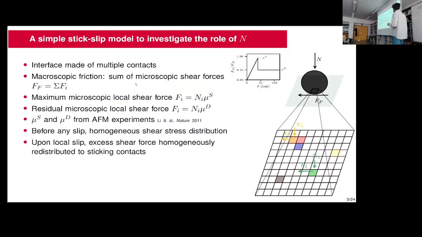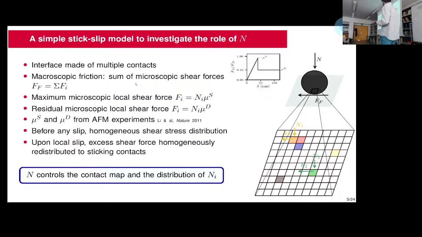And when one contact fails, so when it goes over the static friction peak and releases some stress, we assume that this excess of stress is redistributed again homogeneously over the entire interface. So you can think of this model as a fiber bundle model, but for the failure of asperities in friction.